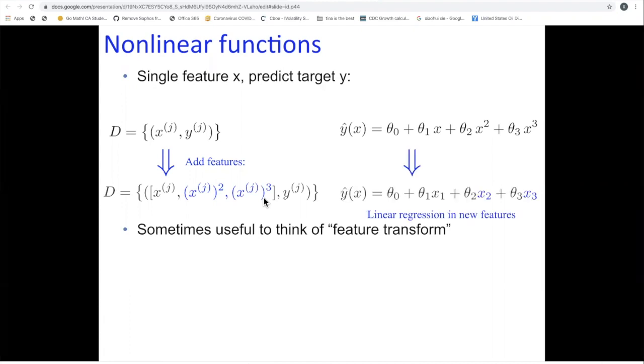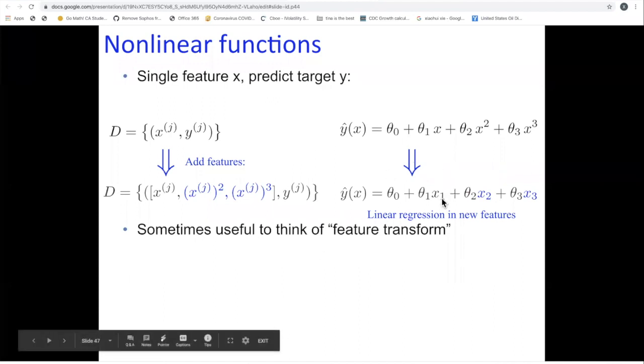Once these new features have been incorporated into your data set, your new predictive function will be a nonlinear function of X, because you have the X squared and X cubic features. However, the methodology we discussed for linear regression can be applied similarly.